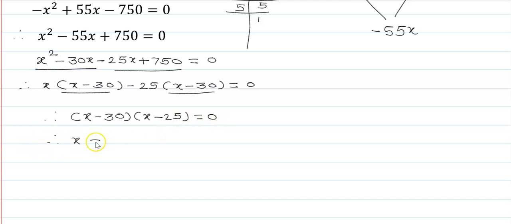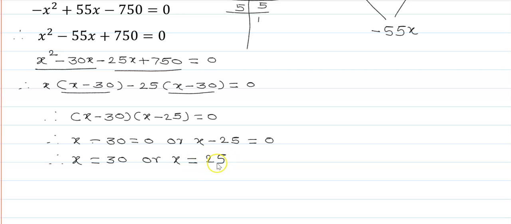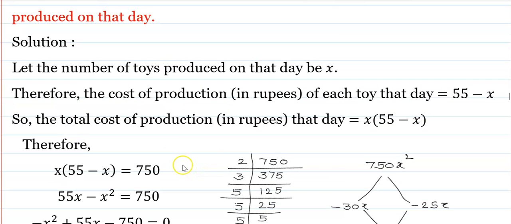Therefore, x minus 30 equals 0, or x minus 25 equals 0. Therefore, x equals 30, or x equals 25. What was the question?